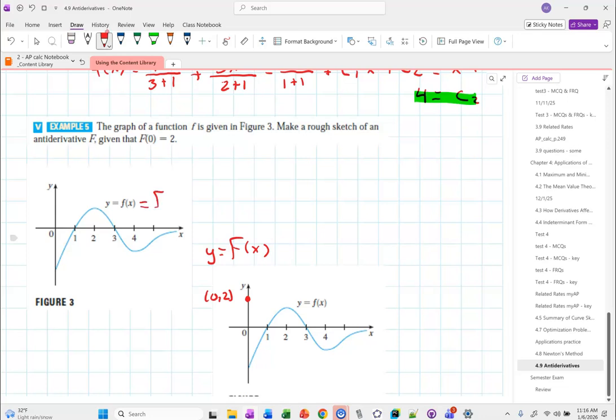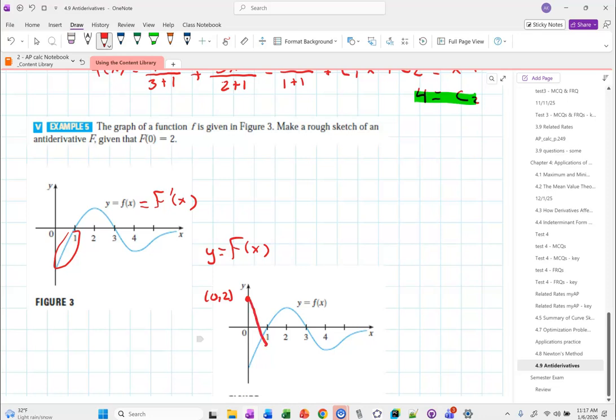So remember that this is the derivative, right? From 0 to 1, the derivative is negative. What should be happening to our function if the derivative is negative? It should be decreasing, right?